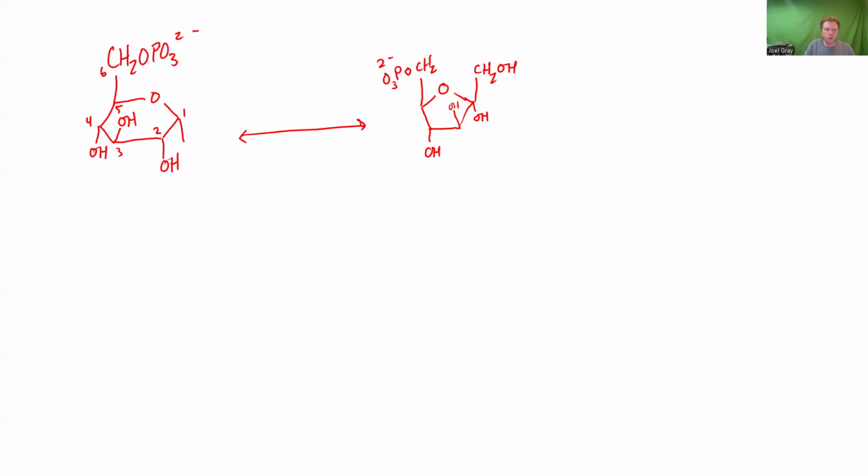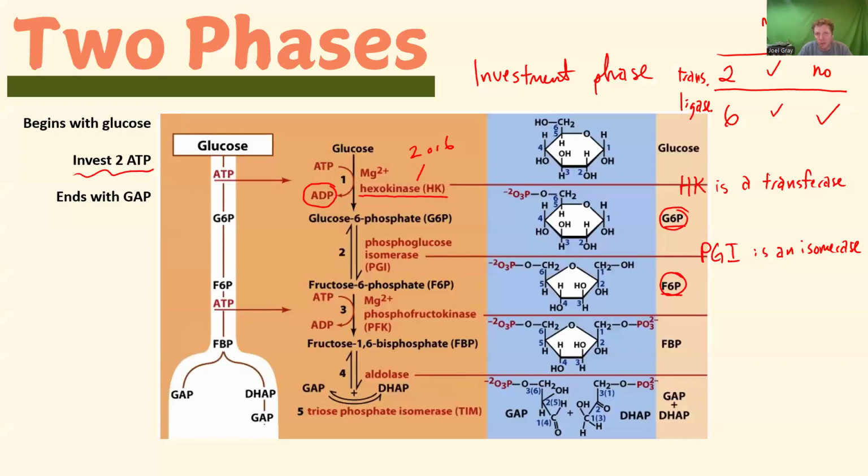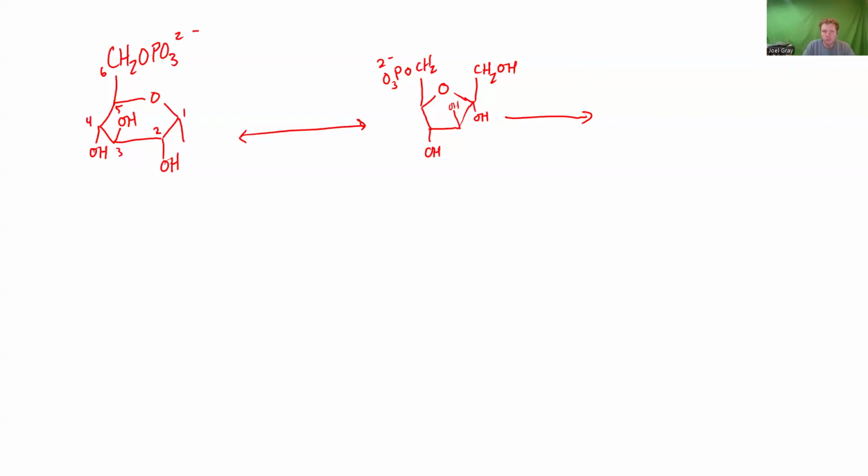The next thing that I'm going to do is add a phosphate. How am I going to add that phosphate? Well, what did I do for hexokinase, my first enzyme? I saw an OH group and I added a phosphate group there. I'm going to use ATP, and one of the products that I'm going to get is ADP.